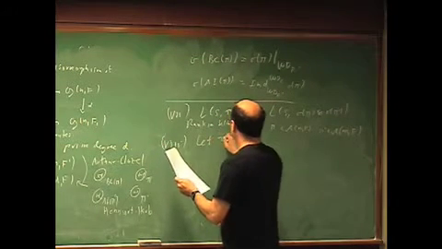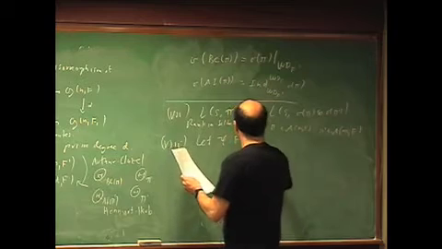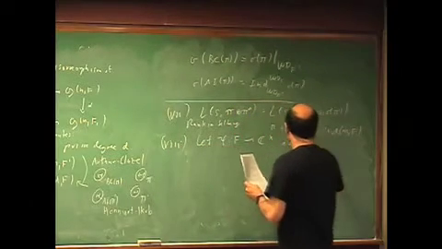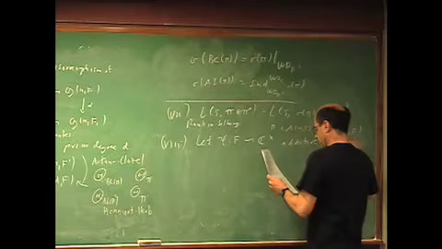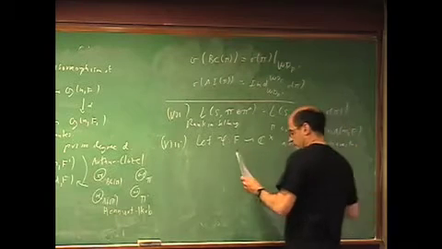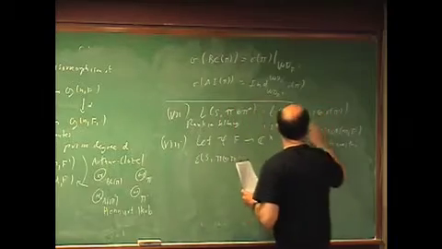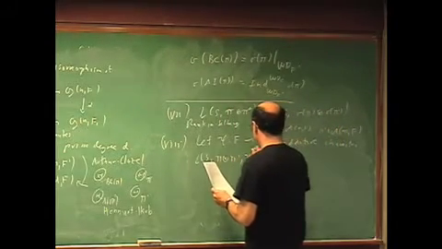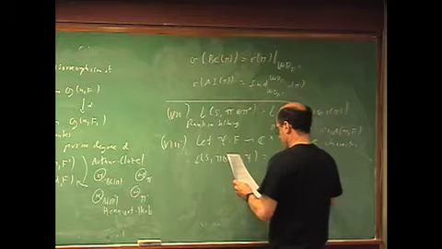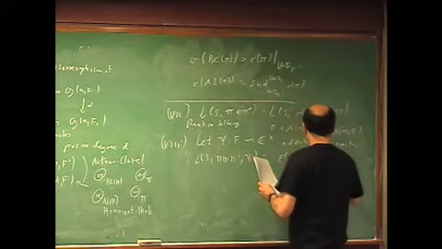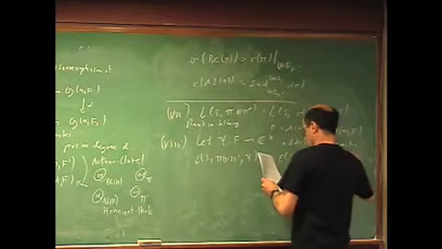So let psi be an additive character, and then epsilon of s, pi tensor pi prime, psi is equal to epsilon of s, sigma pi tensor sigma pi prime, psi.